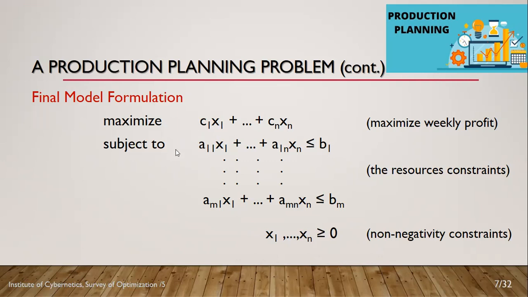All of these can be written in a much more compact format if we use the matrix representation for our data. In fact, all the coefficients of the objective function can be put in a single vector. Then all the right-hand sides of the resource constraints can be put in another vector.